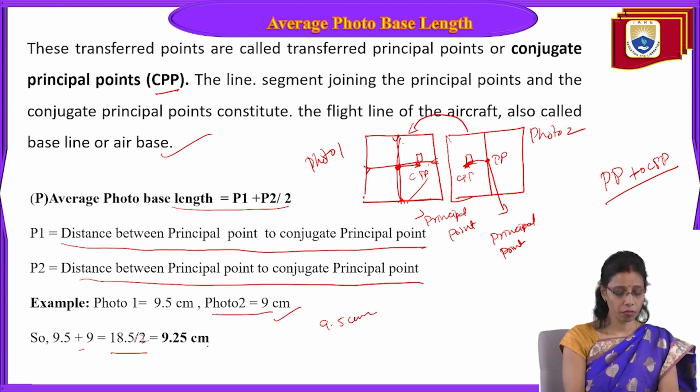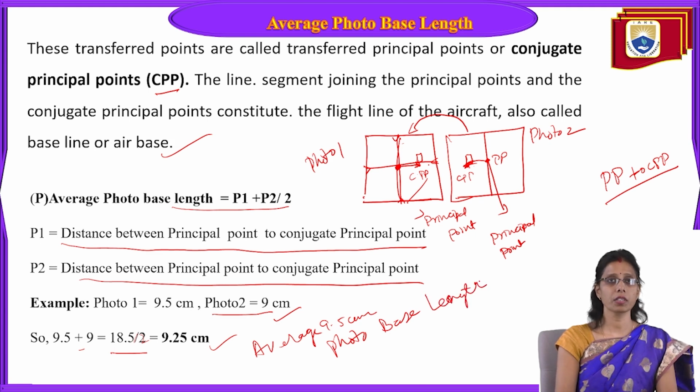Dividing by 2, we get the average photo base length. This is how we find the average photo base length in a photo.